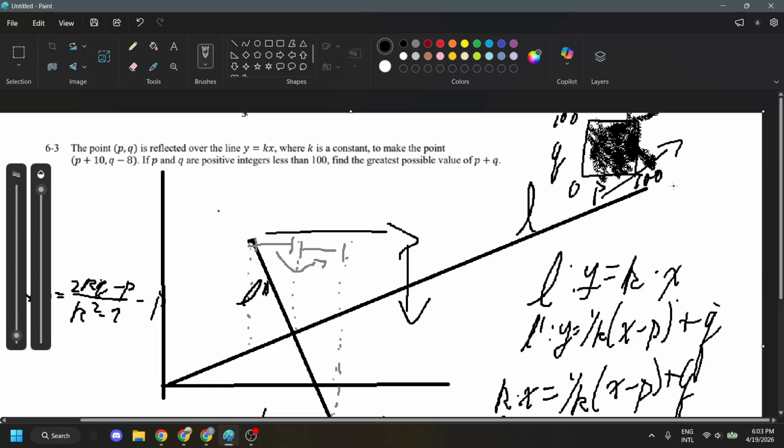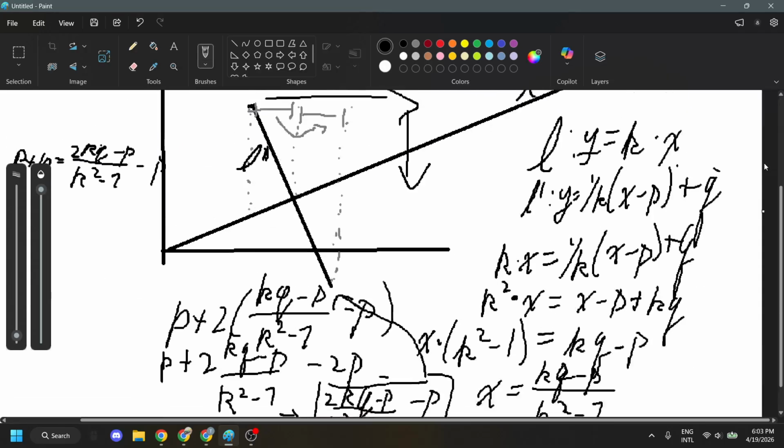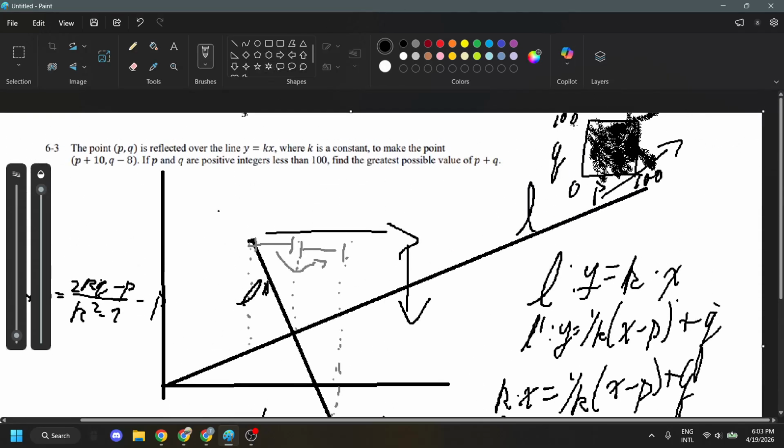Then I can just mold the line to how I want to make it like that. I think I can do that. 100, 100. Or 99, 99, sorry. This should be 99.